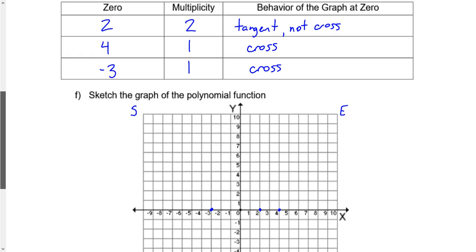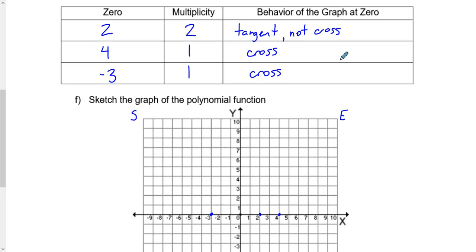All right, now the last thing that we're going to do is look at these characteristics, at our end behavior, and use our x-intercepts. One last thing is as we're sketching, we always want to go from left to right. So we're going to start up in quadrant 2. It doesn't really matter where you start. You can start here, you can start here.